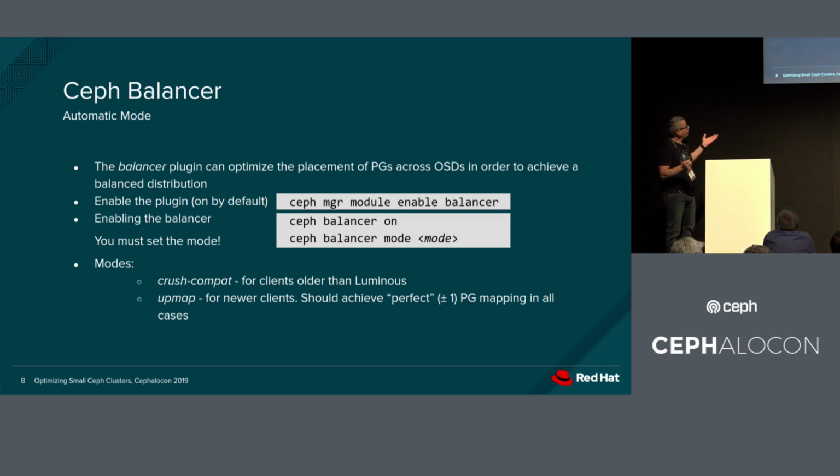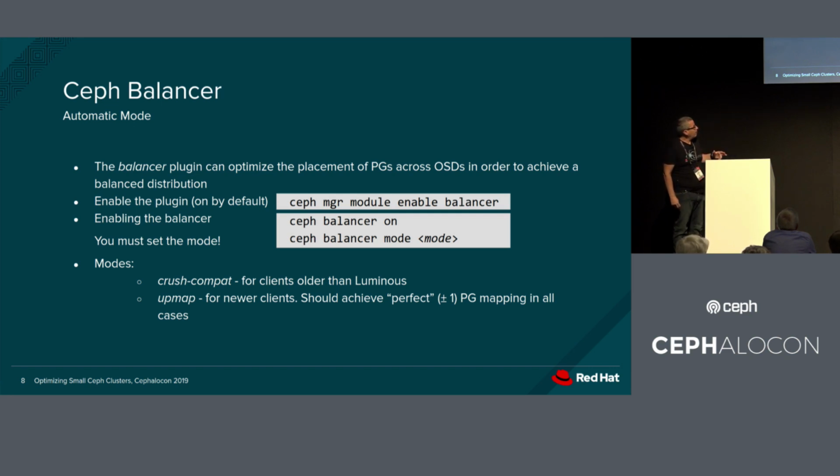We have 2 modes. Crush-compat is for all kinds of clients, including the older ones. It works good, but not great. It has some edge cases where it doesn't do a perfect job.